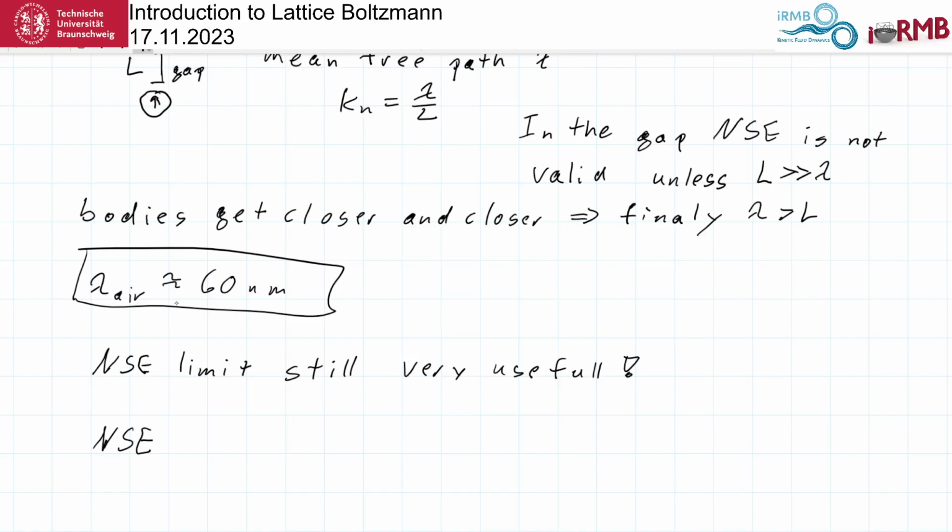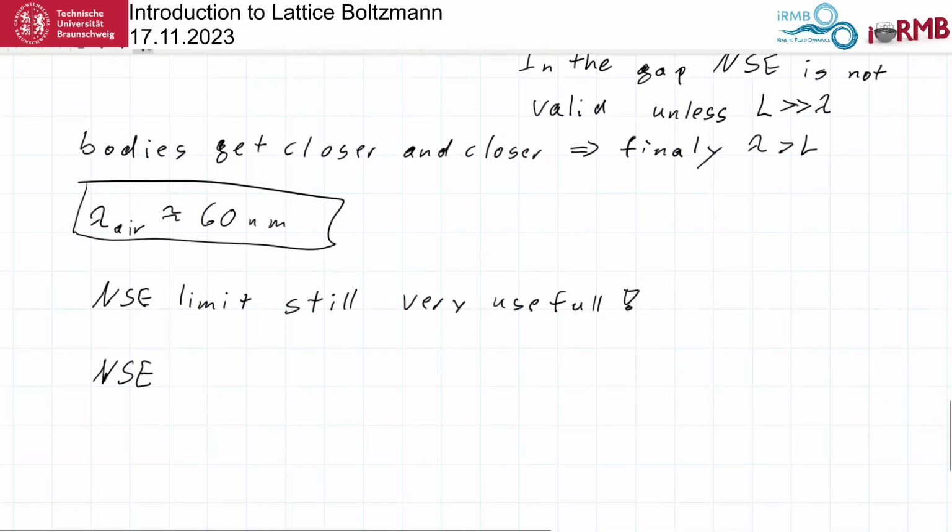And because we are not trying to go beyond this, we can simplify the Boltzmann equation so much that we are paying the same as if we would solve the Navier-Stokes equation in the first place.